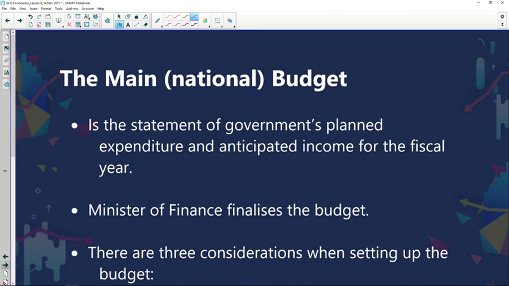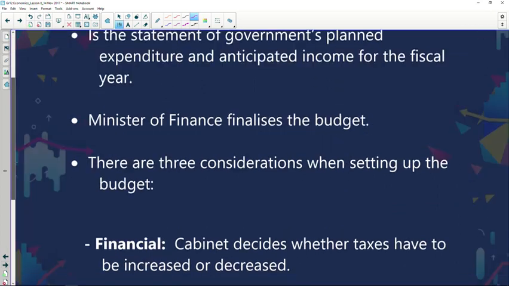Now, earlier on, I spoke about the main or national budget that gets delivered by the Minister of Finance in February. It will stipulate in great detail how the government intends to collect money, how they intend to spend the money they've collected, and whether we have a surplus or a deficit in that budget.